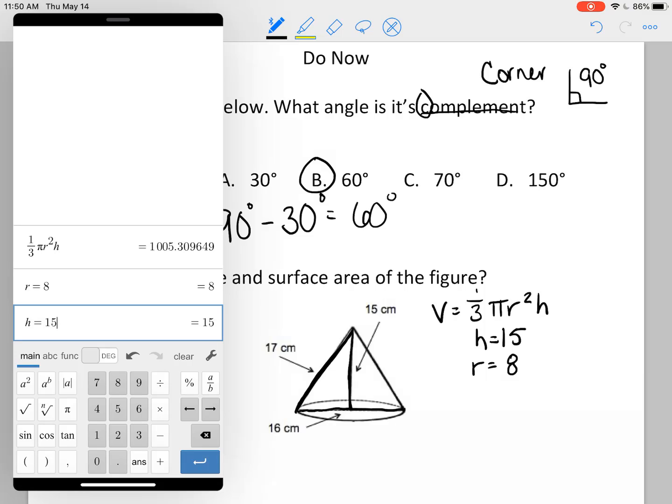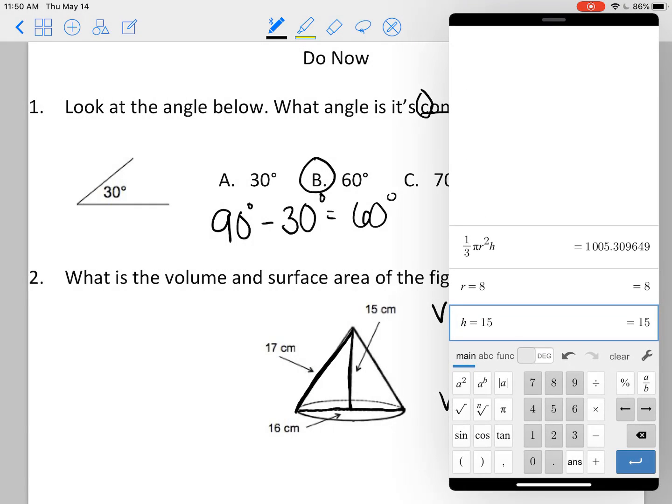We're going to go ahead and round this to the nearest hundredths place. So our volume is equal to 1,005 and 31 hundredths. Since this is volume, it is cubic units. So this is going to be centimeters cubed.